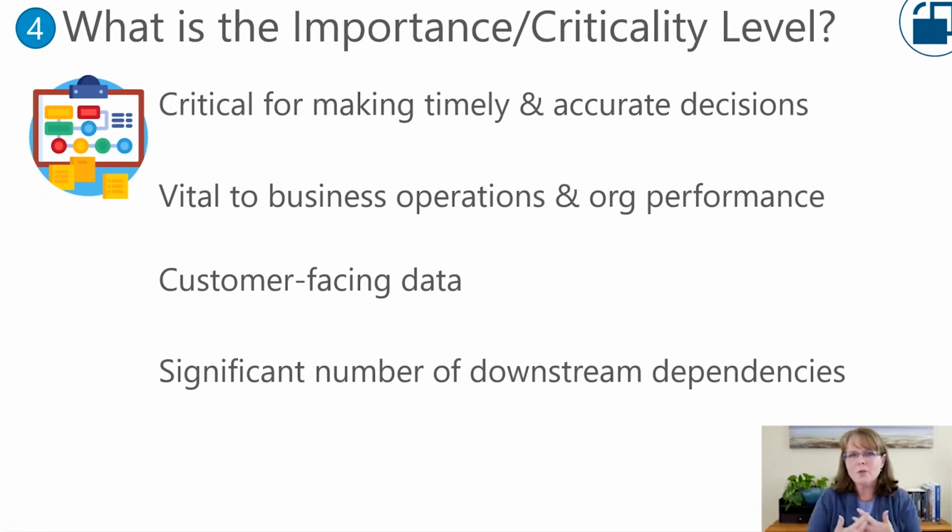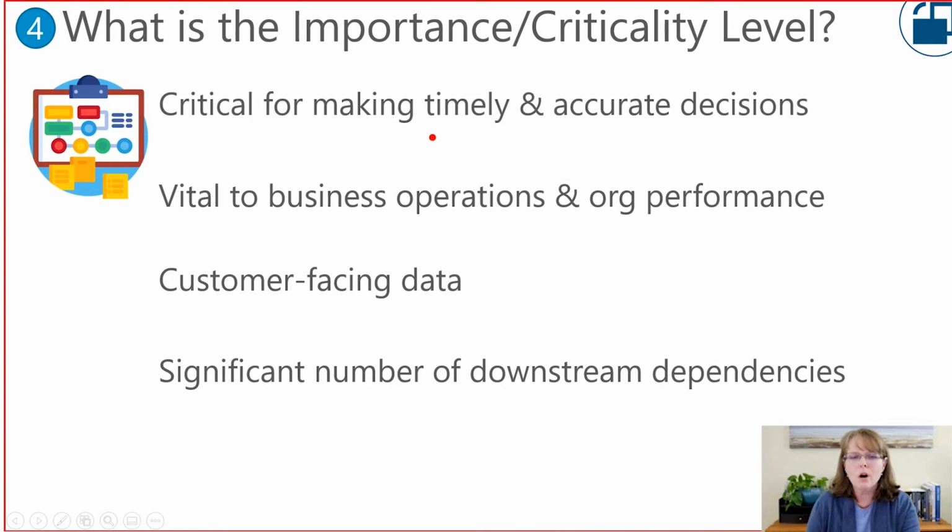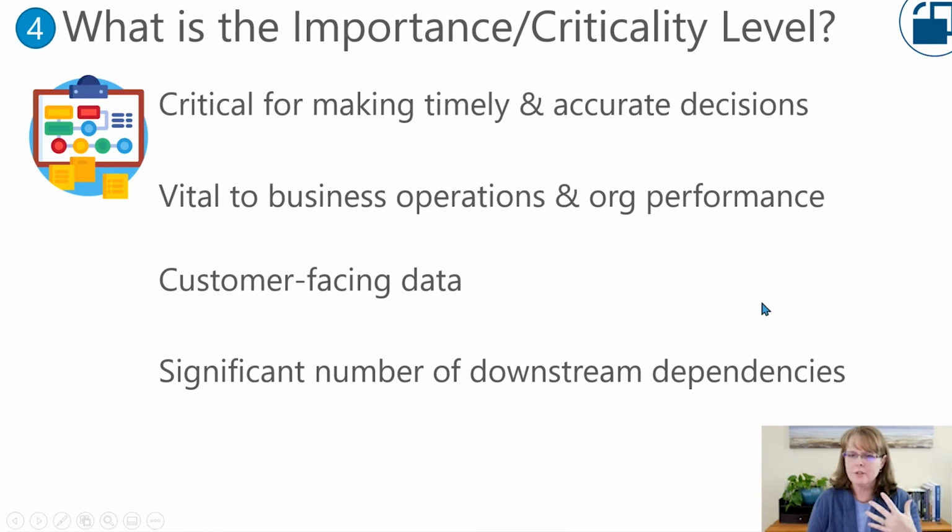This is more about trying to find our critical data elements. So is this particular data very critical for making a timely decision or vital to business operations? Is it on the dashboard that all the managers see every single day? That kind of stuff when we're talking about a criticality level of data.